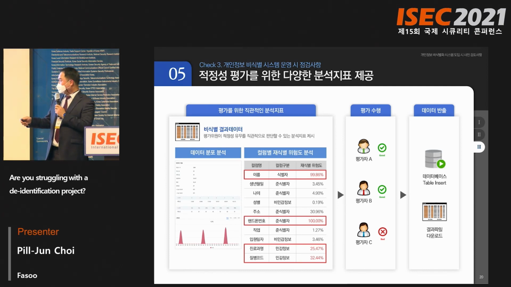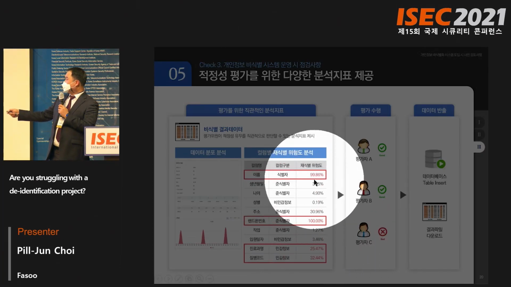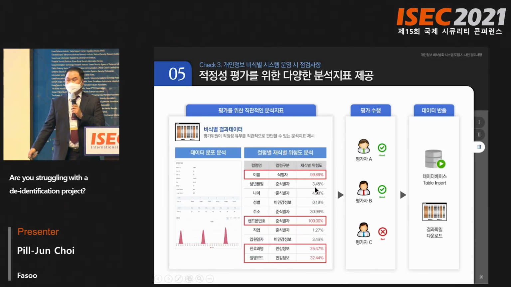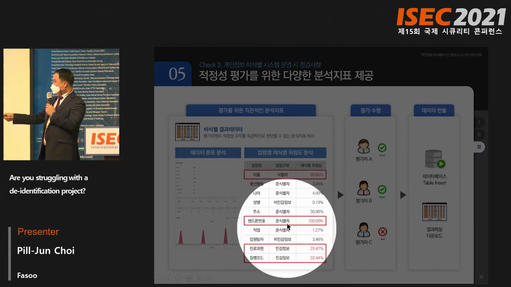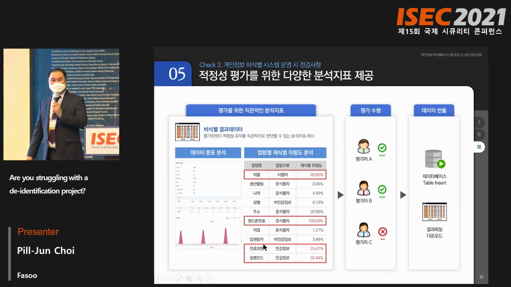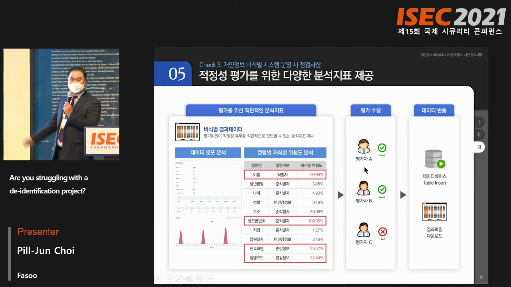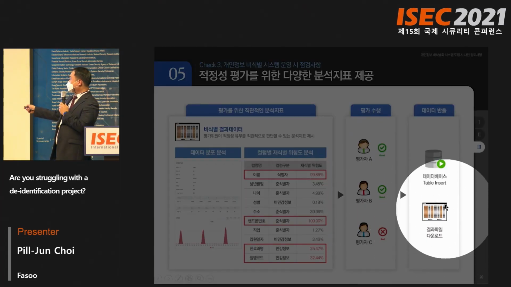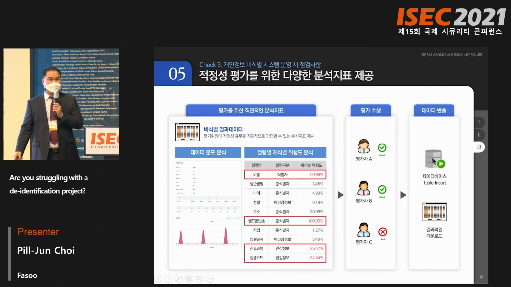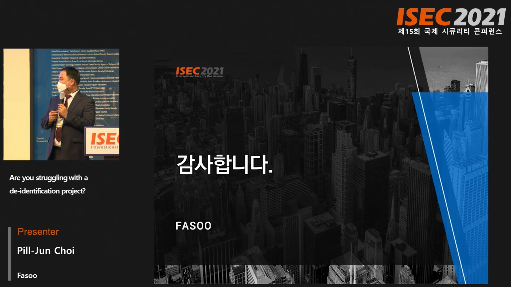In this case, the names are the only identifier information. And here, the birth date has a 3.45% re-identification possibility. If these kinds of percentages are provided, the evaluators can review the results objectively, and if the evaluation results are appropriate, you can download the result or insert it into the database for improvement.